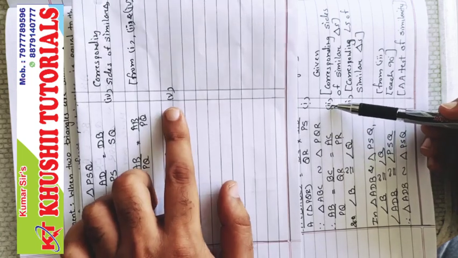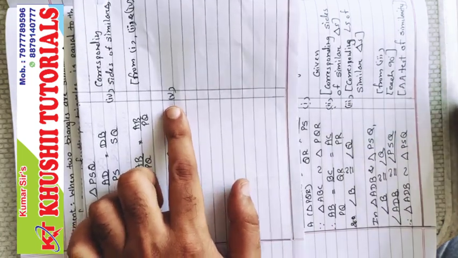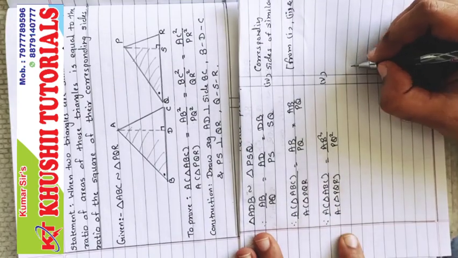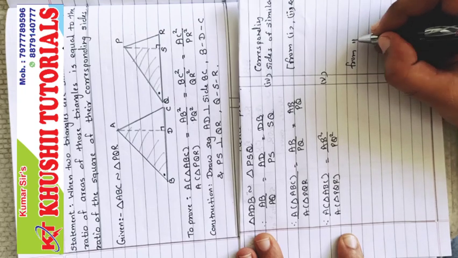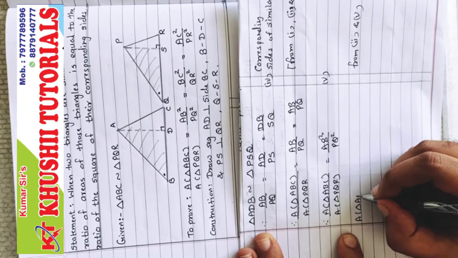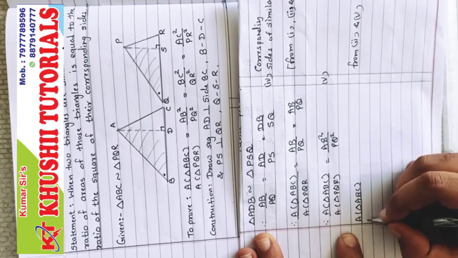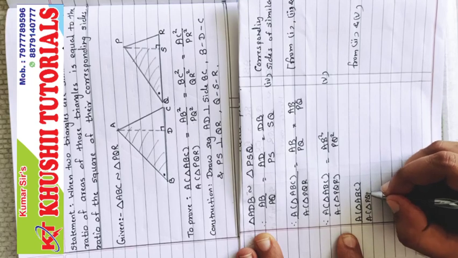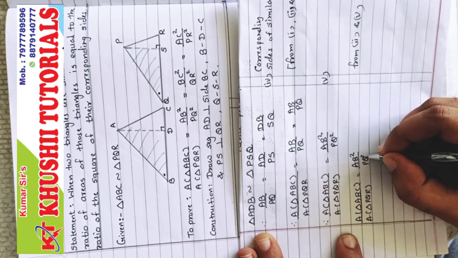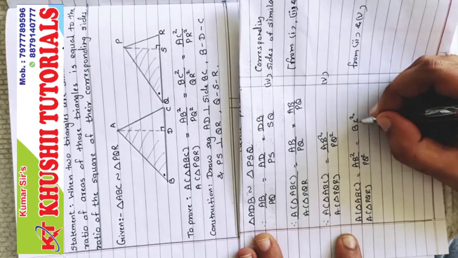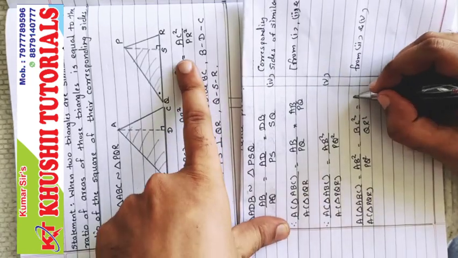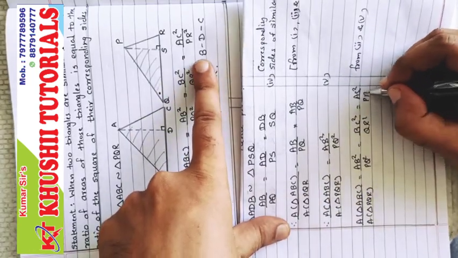So from 2 and 5, area of triangle ABC upon area of triangle PQR equal to AB square upon PQ square equal to BC square upon QR square equal to AC square upon PR square.